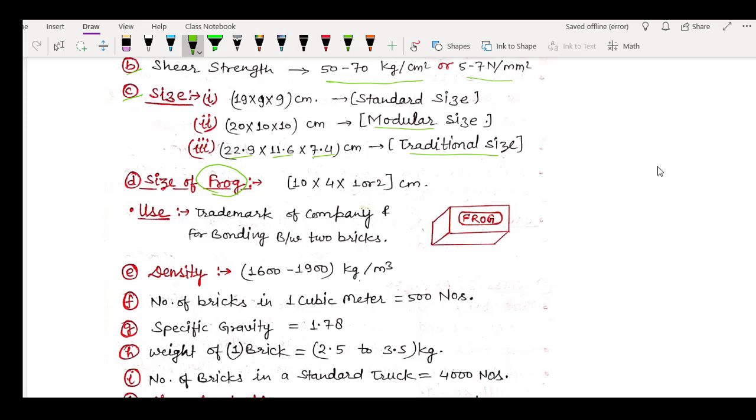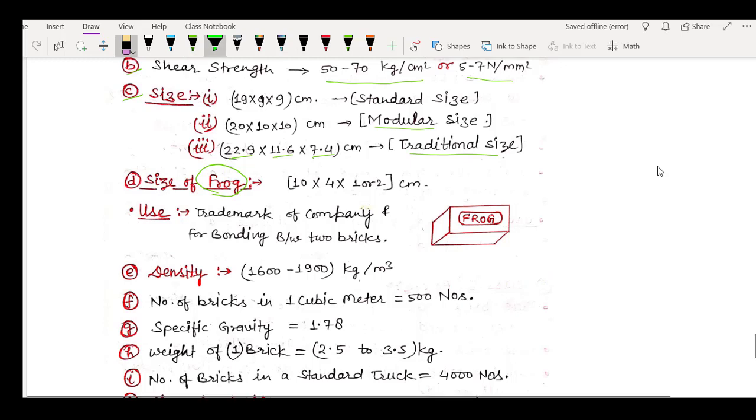When we place a brick above another, if there is no frog here, then the bricks will slip in case of force applied. When the frog is provided, the mortar is filled in the indent as well as between the two bricks. So it gives a hold between the two bricks, or you can say it increases the bonding between two bricks.